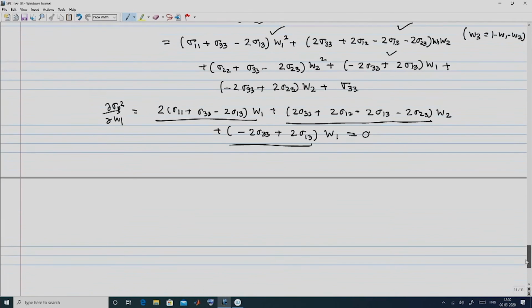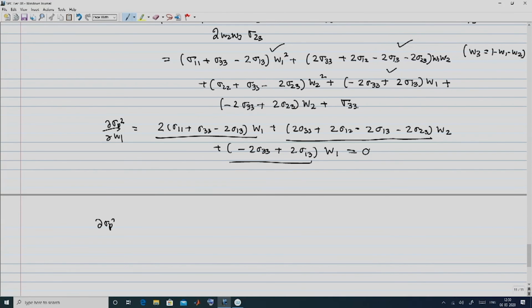Likewise, I will set delta sigma p square by delta W 2. This is going to be twice sigma 3 3 plus twice sigma 1 2 minus twice sigma 1 3 minus twice sigma 2 3 into W 1.